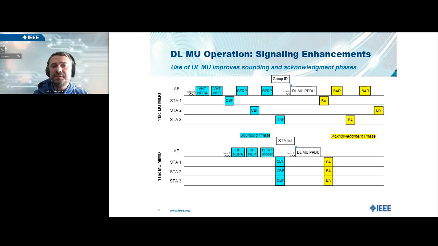And the other difference is that instead of group management to generate group IDs, we include the STA list, which is the list of the recipients in the downlink MU PPDU itself, in the preamble in the SIG-B. So these are the three main differences from a signaling perspective between 11ac downlink multi-user and 11ax downlink multi-user.